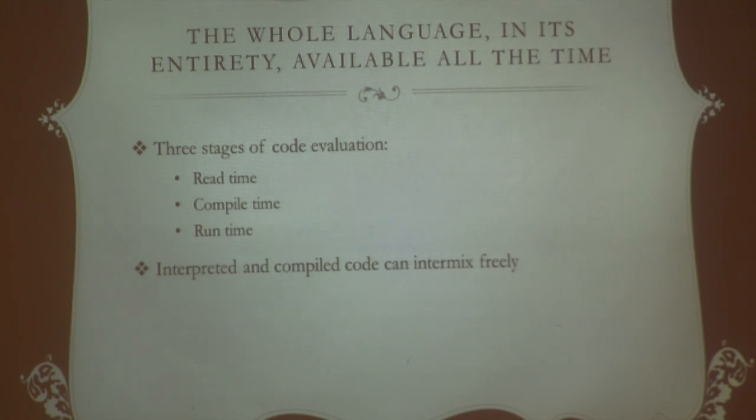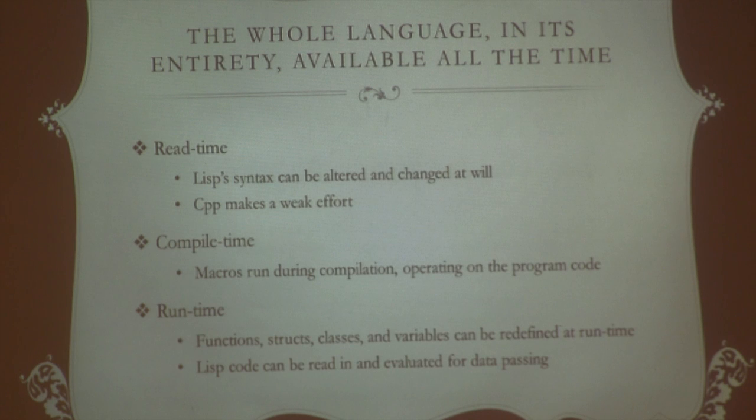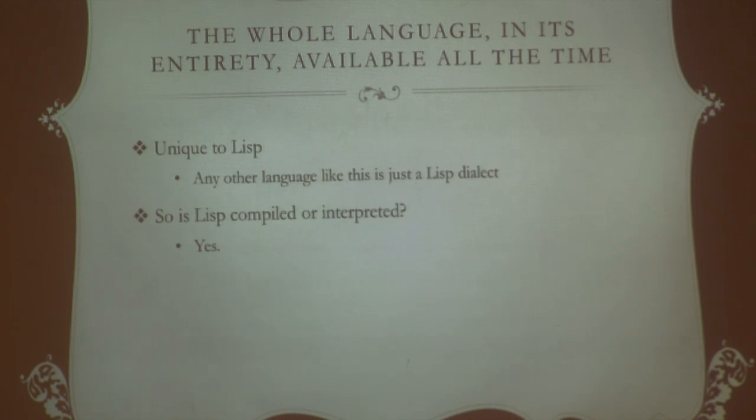When you're compiling code, you can do things during compilation and run functions. And when the program's running, you can run code, of course. But you can redefine things and compile during runtime, which is kind of weird. Interpreted code and compiled code running at the same time. That's Lisp. It happens. We're used to it. So anything that can do this is just considered a Lisp dialect.